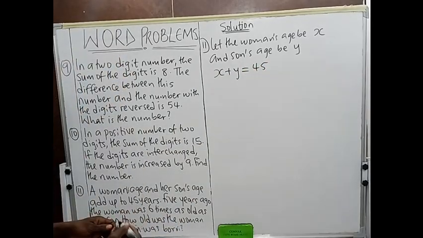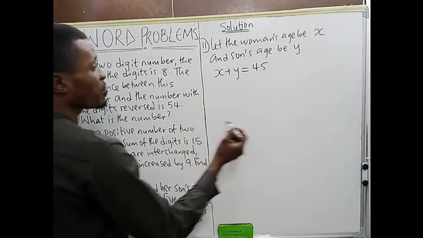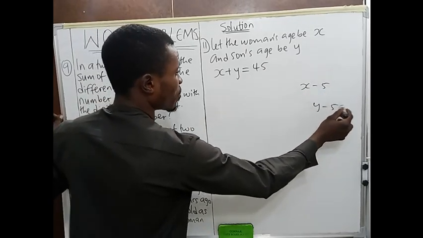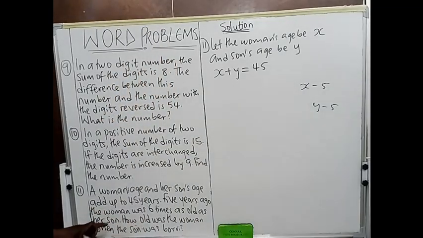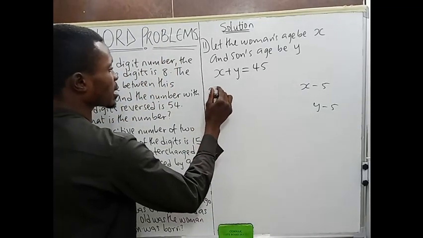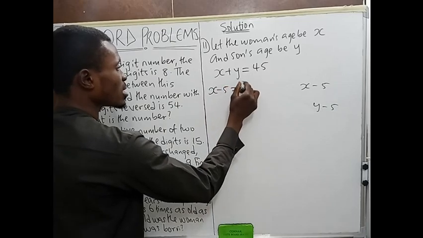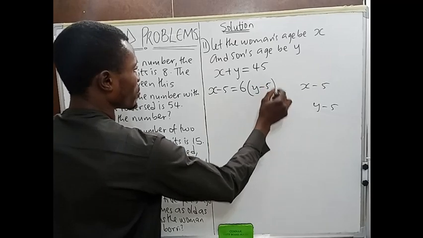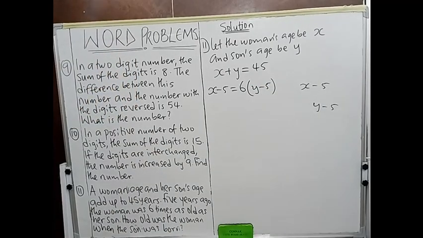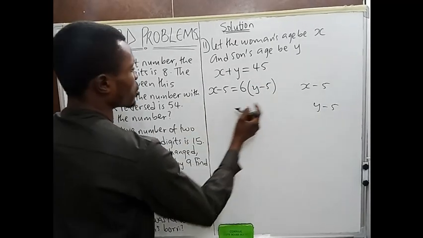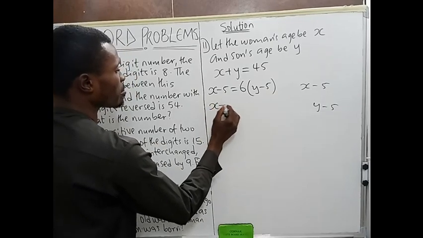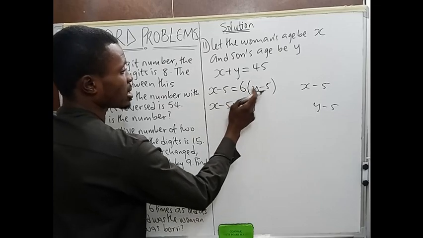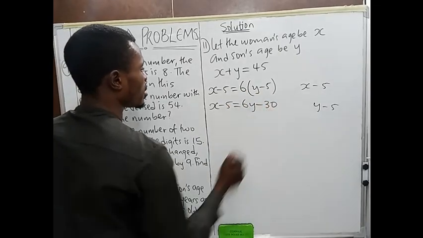5 years ago, the woman will be x minus 5 and the son will be y minus 5. So 5 years ago, the woman was 6 times, so we have x minus 5 equals 6 times the son's age, y minus 5. So we simplify this equation. You have x minus 5 equals 6y, 6 times minus 5, minus 30.